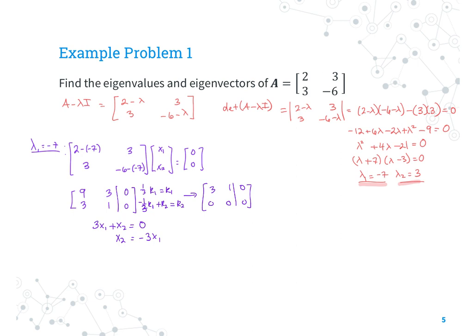I could let x1 equal 1 here, then x2 would be negative 3 times 1, which would be negative 3. So our first eigenvector here is going to equal (1, negative 3).